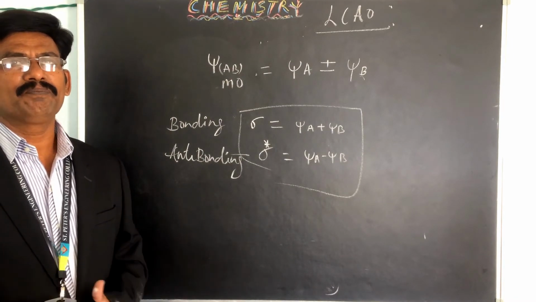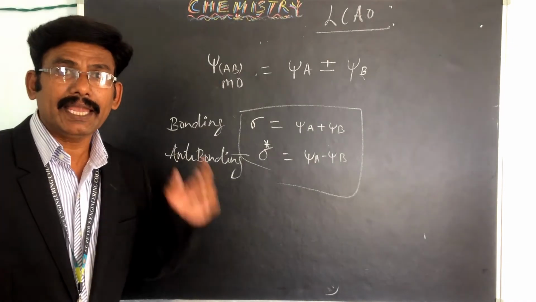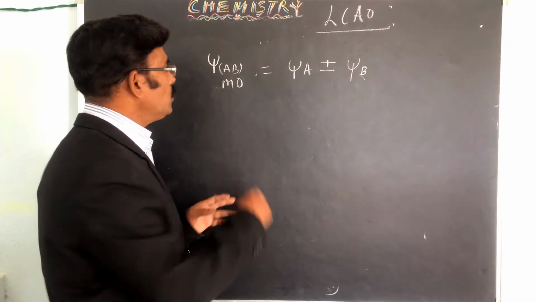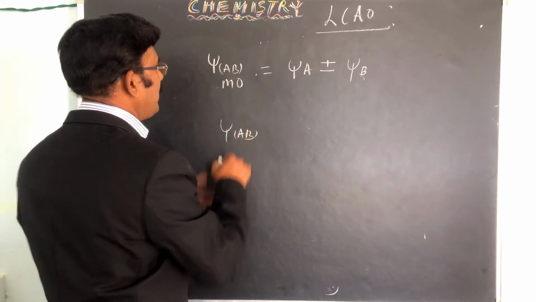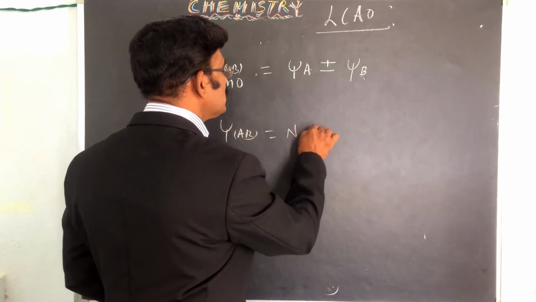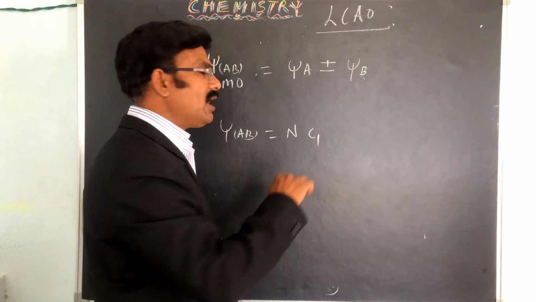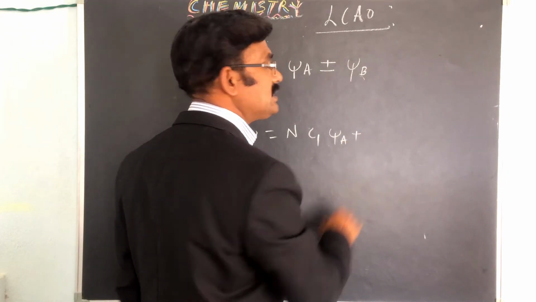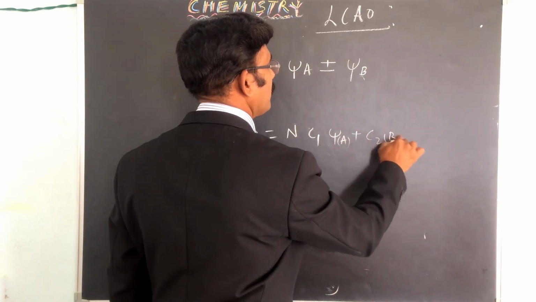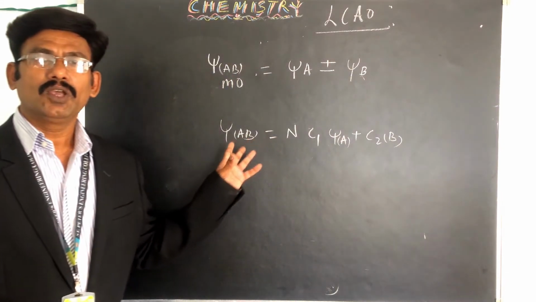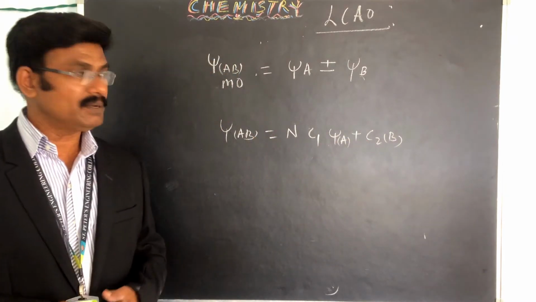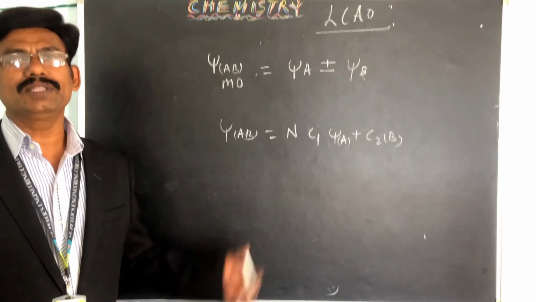Now for this we have one principle. The psi AB equation we will write: psi AB, the molecular orbital, equal to N into C1 psi A plus C2 psi B. We know psi A and psi B, but now two new things came.